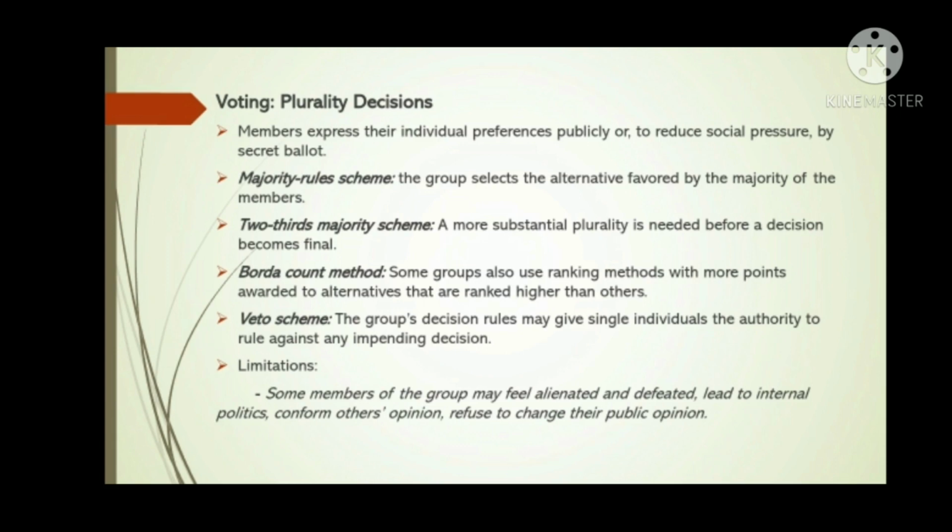But in some cases, a more substantial plurality, such as the 2/3 majority scheme, is needed before a decision becomes final. Some groups also use ranking methods, with more points awarded to alternatives that are ranked higher than others, the Borda count method. In even rarer cases, the group's decision rules may give single individuals the authority to rule against any impending decision, the veto scheme.